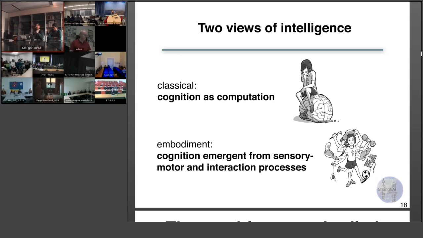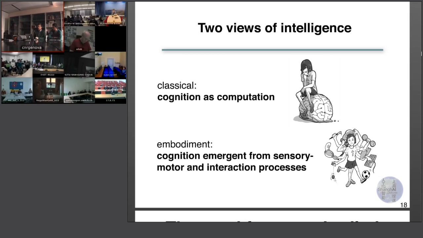And this might be a weakness of the argument. In favor, we advocate a more sophisticated idea of cognition as an emergent behavior coming from the sensory, motor, and interaction processes.